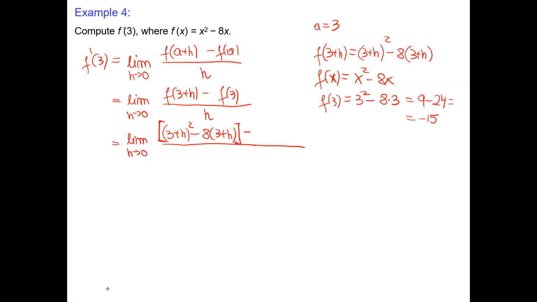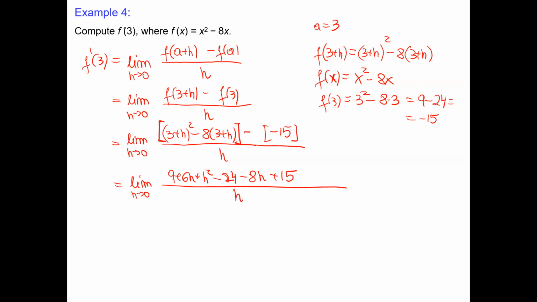Let me put brackets: negative 15, all over h. Let's expand this. 3 plus h squared is 9 plus 6h plus h squared, minus 8 times 3, that's 24, minus 8h, plus 15.